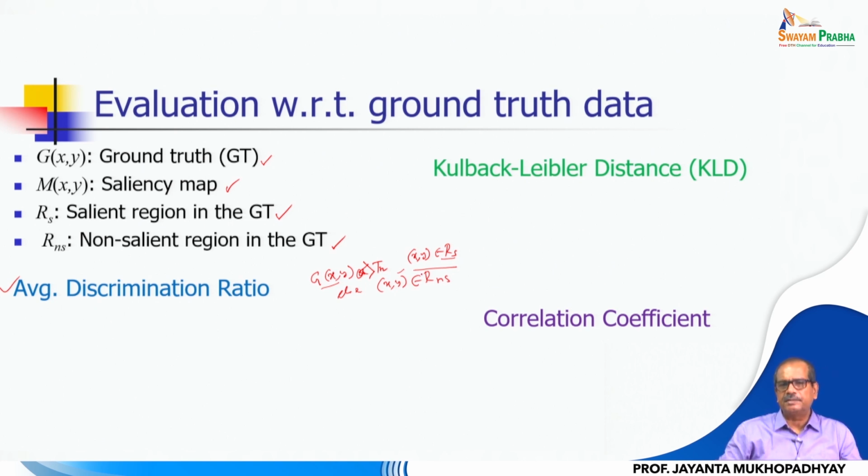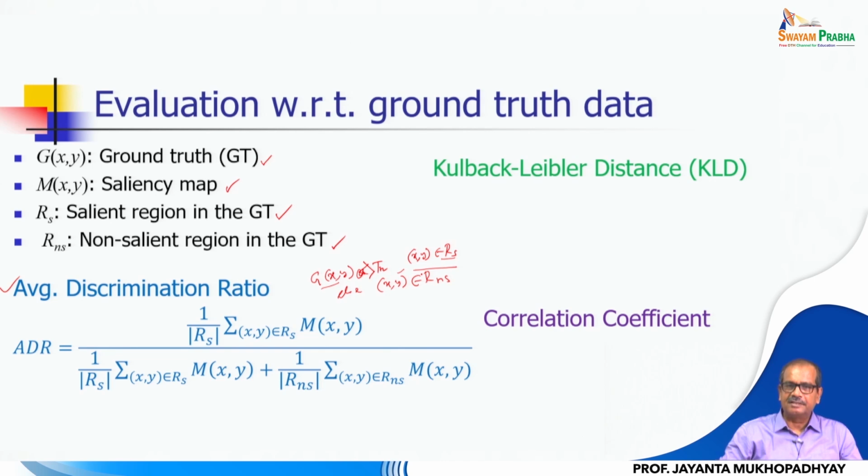Now, this is with respect to ground truth, but what happens in the saliency map? In the saliency map also it is expected that in the salient regions the values should be high and in non-salient regions they should be low, and based on that we define a metric which is the ratio of the average saliency in the salient region of the predicted map with respect to the sum total of the two averages of salient and non-salient regions in the same predicted map.